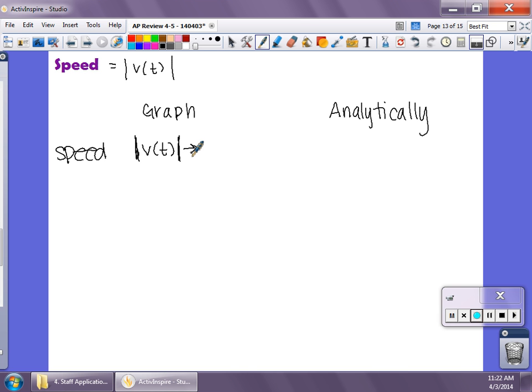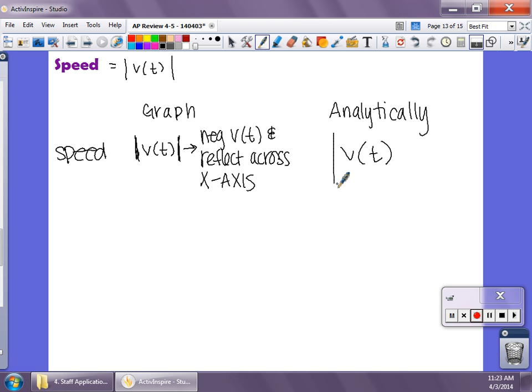So if I wanted to take a graph of velocity and make the speed graph, Yosef, how would I make the speed graph? Good. So take your negative velocity and reflect across the x-axis. So if I just want to identify the speed graph, that's all I would have to do. You guys know how to do absolute value, so you're just using that skill. Analytically, if I ask you to find the speed, you're physically going to take the velocity and make it positive. Which is just the definition, again, of absolute value.